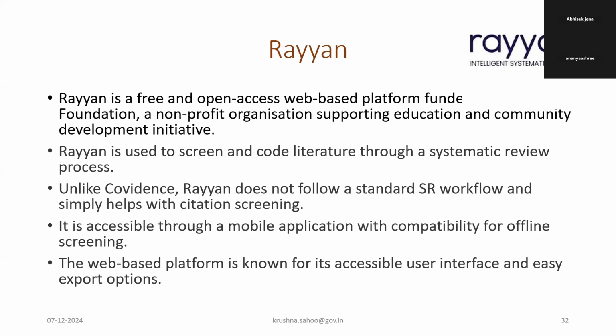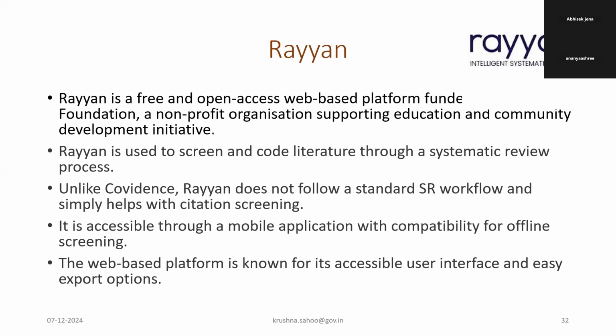Still, you can use Rayyan if you don't have the other paid software, but the features are limited. If you have a paid version, you have more. But for title and abstract screening, the free version is fine. Rayyan is used to screen and code the literature through a systematic review process.